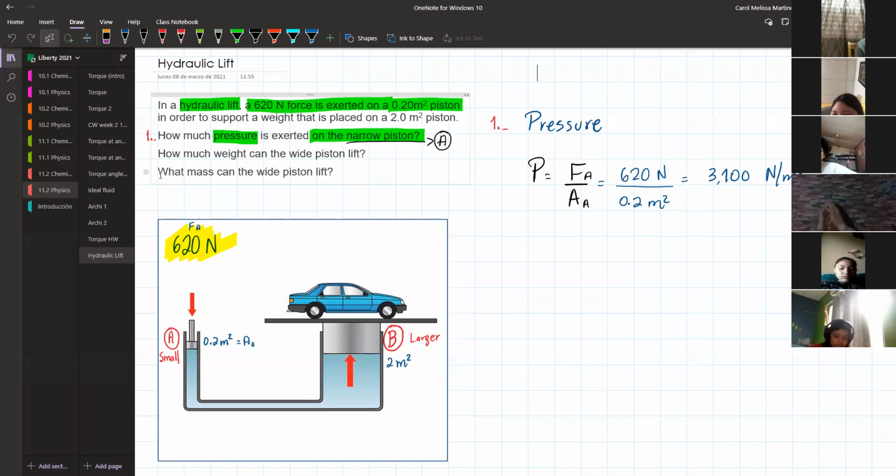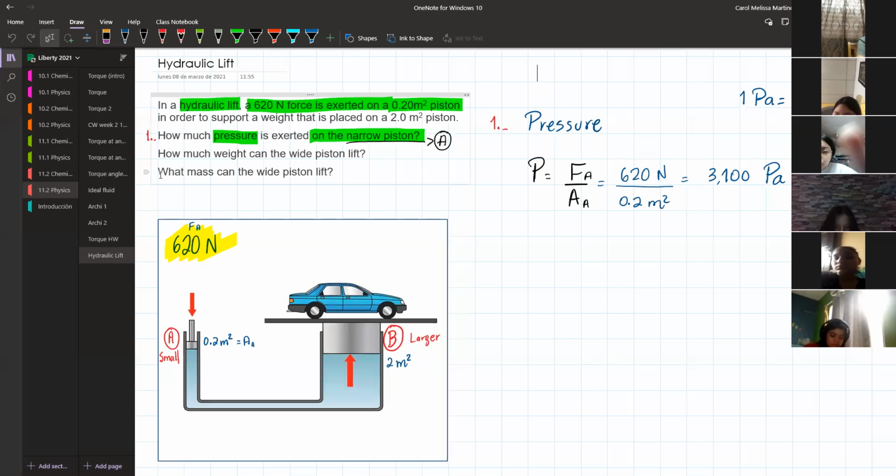But in physics, instead of writing Newton per meter squared, every time you divide Newton per square meters, what you're going to get instead is Pascal. Pascal is the unit that we use to express pressure, okay? So 1 Pascal is equal to 1 Newton over square meter.